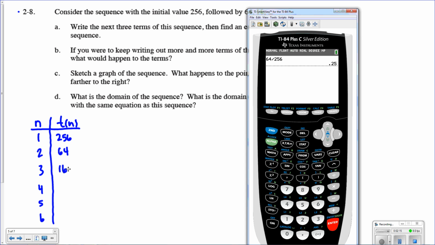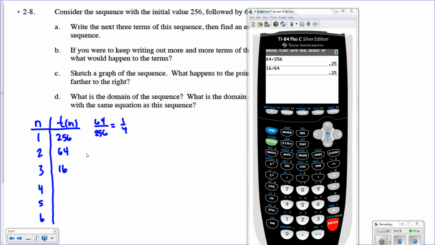And if I take 16 and compare it to 64 the same way, 16 divided by 64, it also equals 0.25. So 64 over 256 equals 1/4, and 16 divided by 64 also equals 1/4.